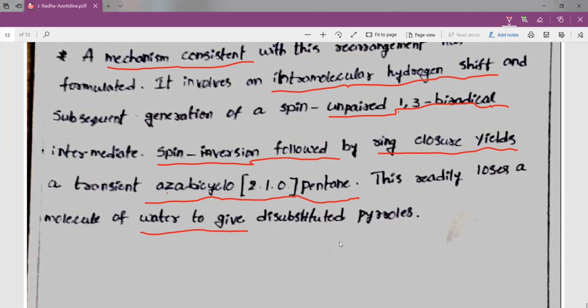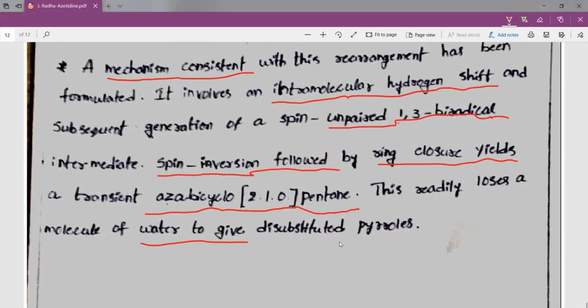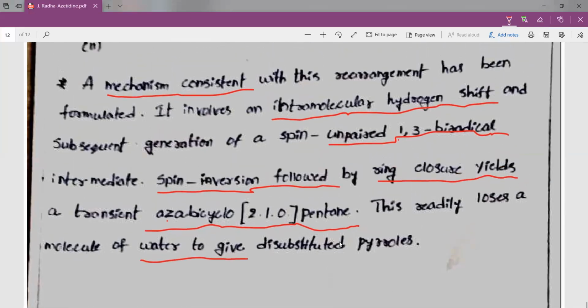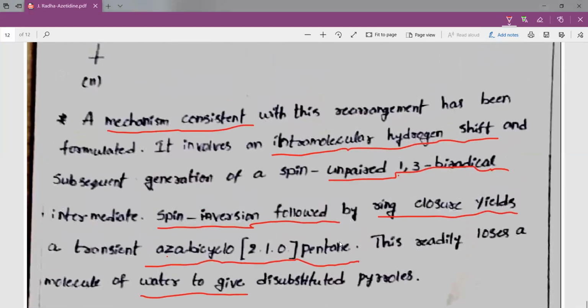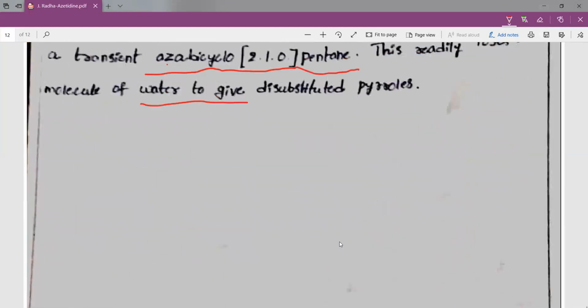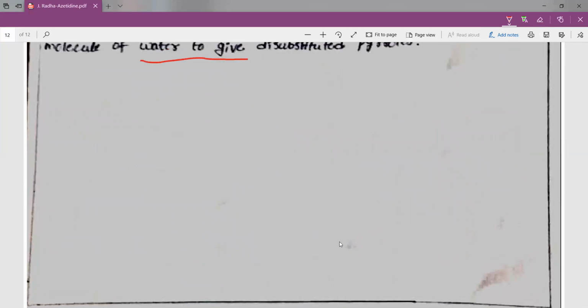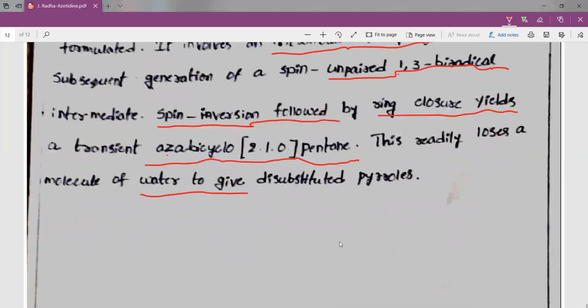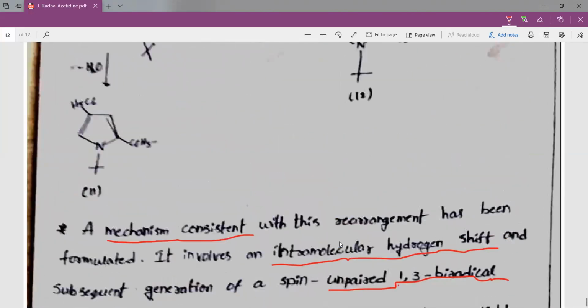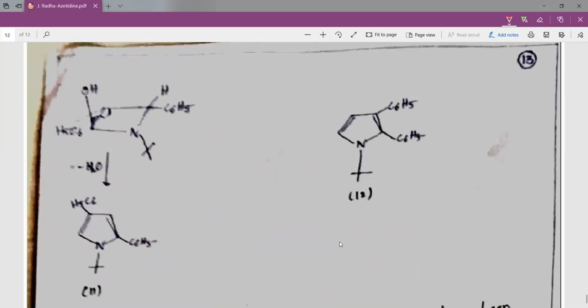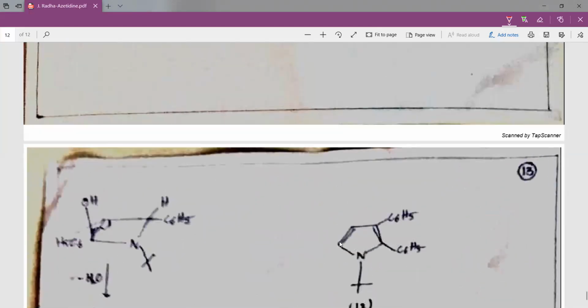This is the mechanism of the above reaction. These are some of the important reactions of azetidine. The photochemical reactions of azetidine are very less studied. This is one of the examples.